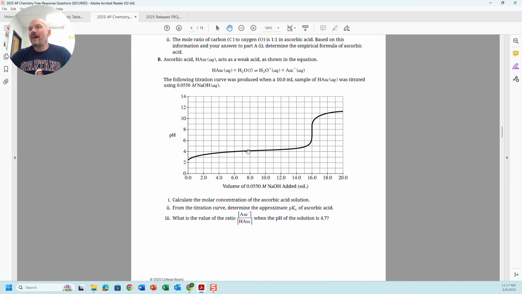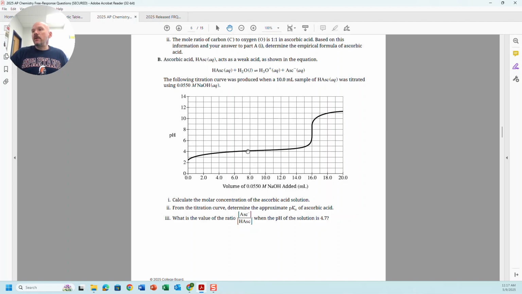So remember, at the half equivalence point, the ratio of this is equal to 1 because it's a buffer system, and we have equal components of the buffer system, and when that's true, pH equals pKa, right? Using the Henderson-Hasselbalch equation.